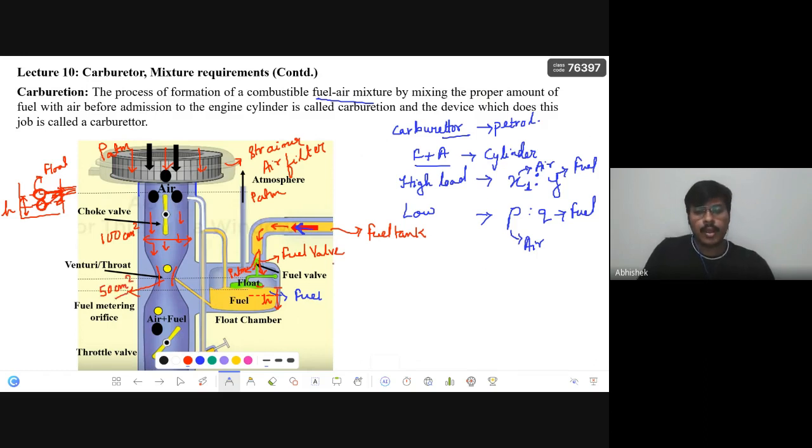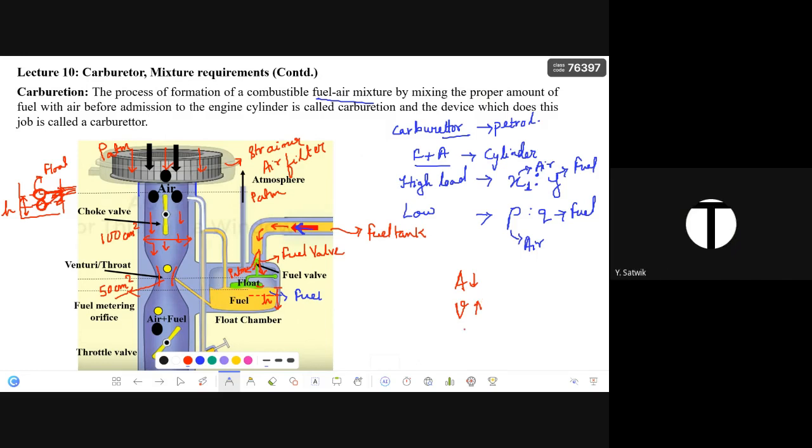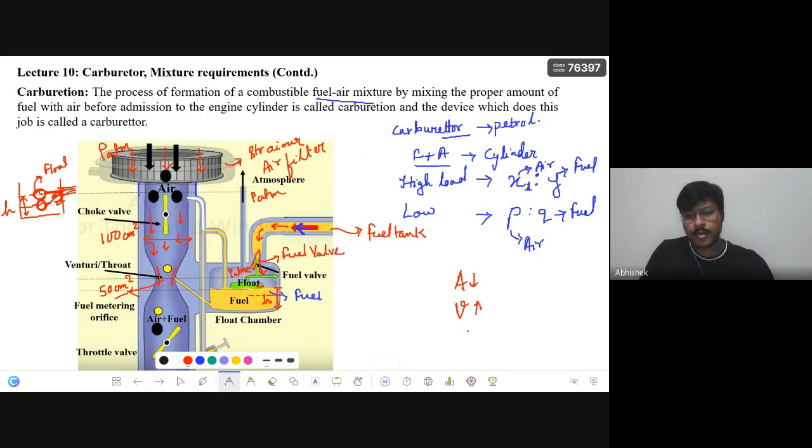So what will happen? Area reduces, that means velocity increases. When velocity increases, the pressure reduces there.